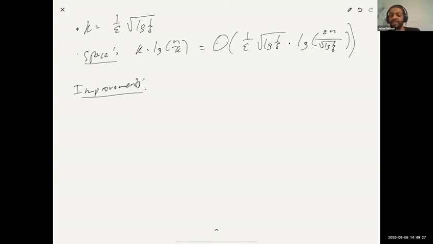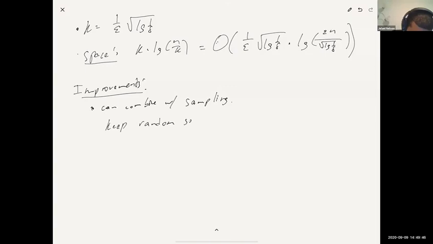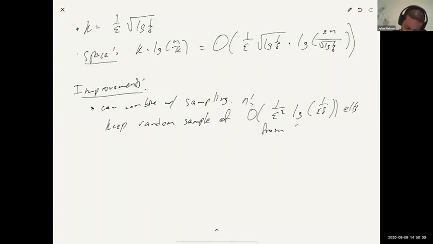So one of the ways to do even better, so improvements. What MRL realized was one way you can improve this is via sampling. So you can combine with sampling. The idea there is if you keep a random sample of O of 1 over epsilon squared log of 1 over epsilon delta elements, let's call this n prime, from the stream.